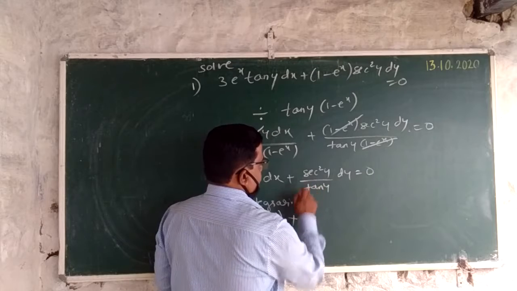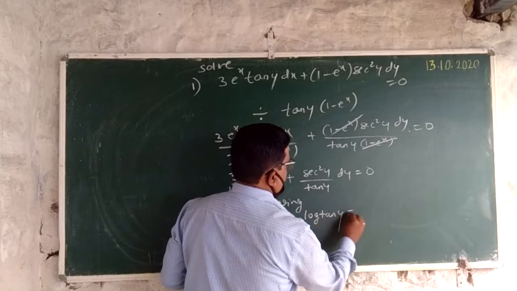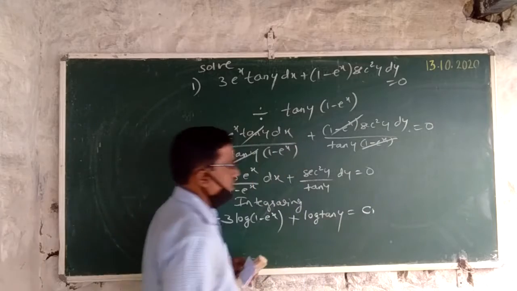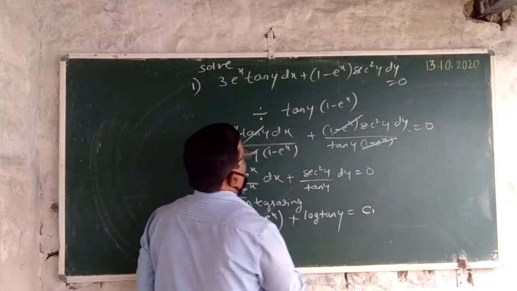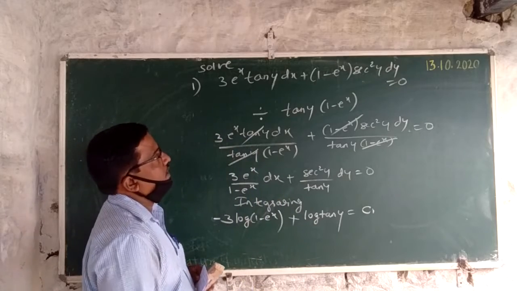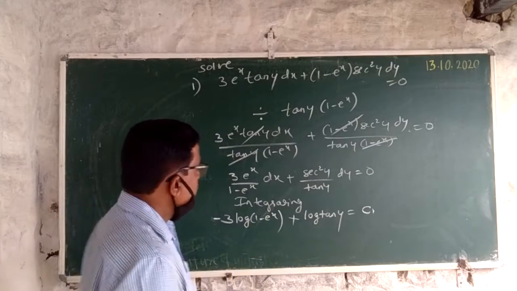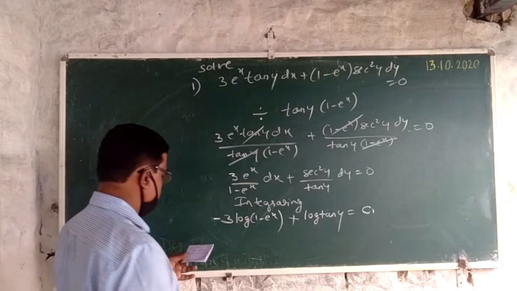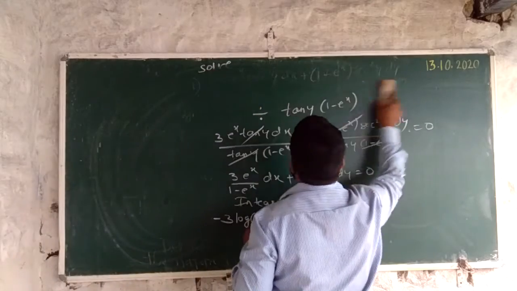So its integration is log tan y is equal to constant, the integration constant c. Therefore this is the solution of the given differential equation. Okay, so this is how we solve the problem. Next we move on to the next problem.